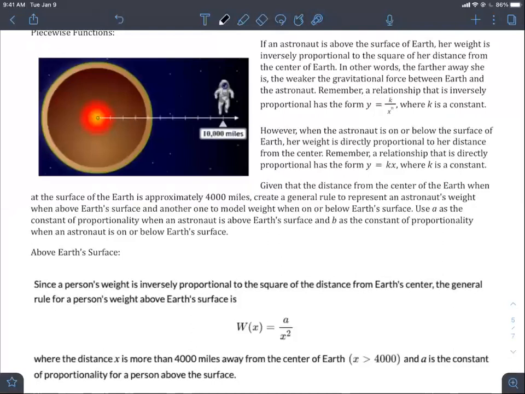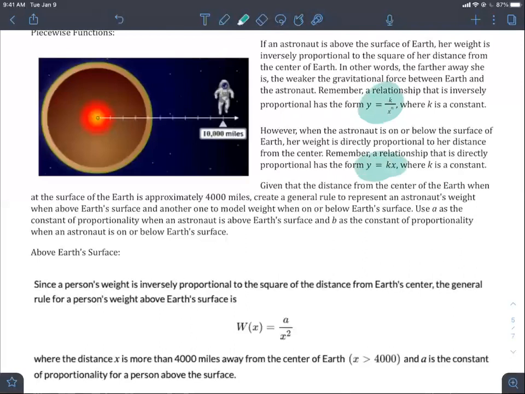I could spend a lot of time explaining the physics behind this, but we're going to just gloss over it and focus on that. So when she is above Earth's surface, we are dealing with an inverse proportional relationship. The further away from the Earth's surface, the less she will weigh. However, if she is on the Earth's surface, or even perhaps below the Earth's surface, the relationship is directly proportional.